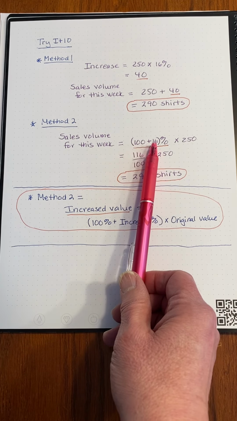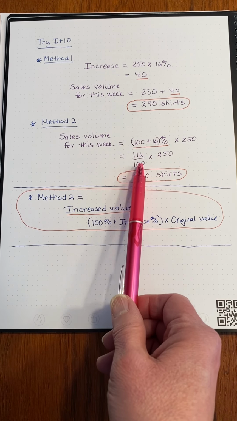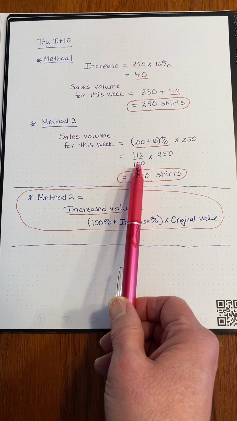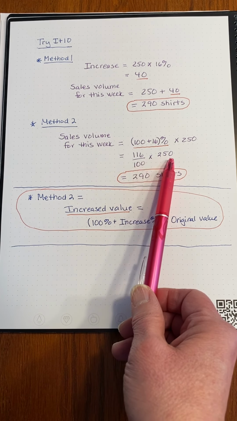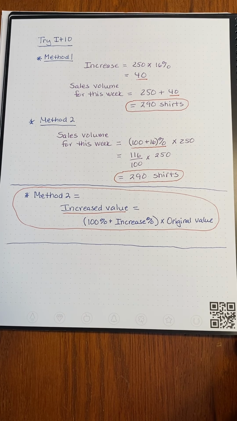Well, 100 plus 16 is 116. I change that percentage into a fraction, 116 over 100 times 250. After calculating that on my calculator, I am given the answer of 290 shirts.